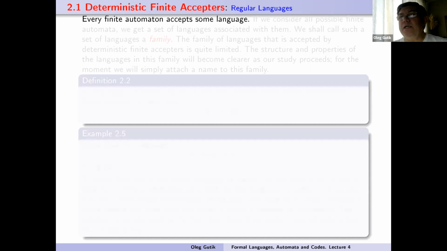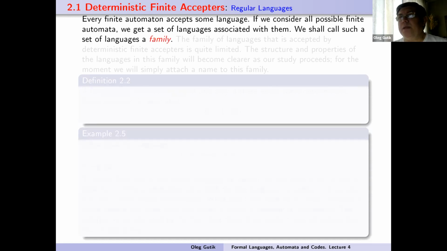Every finite automaton accepts some language. If we consider all possible finite automata, we get a set of languages associated with them. We shall call such a set of languages a family. The family of languages that is accepted by the deterministic finite acceptor is quite limited.